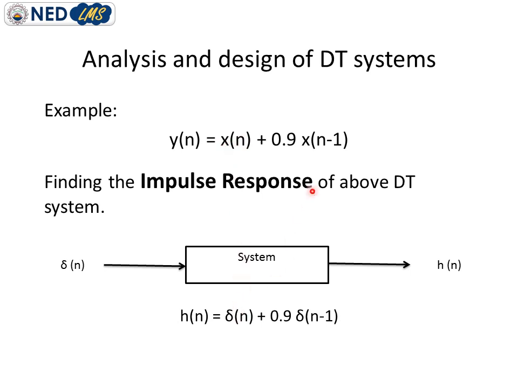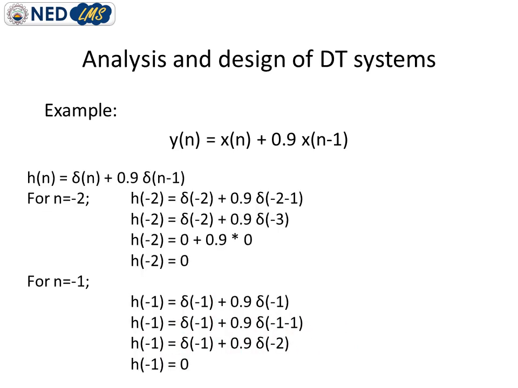Now look very carefully at how we can calculate the impulse response from the given difference equation. We converted the equation into our desired form, replacing x of n with delta of n and y of n with the impulse response, which is denoted by h of n. Now we have to work on this transformed equation to determine the impulse response of this system.